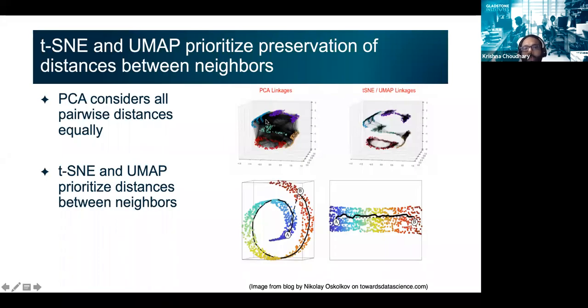So once again, another illustration to show you what these different algorithms are seeing. With PCA, if you have cells located in different directions, because PCA considers all pairwise distances equally, it will see this dense ball. While t-SNE and UMAP, since they are working with this different notion of distance, effectively see this cell and those cells as infinitely far away. So they don't see a link between them.